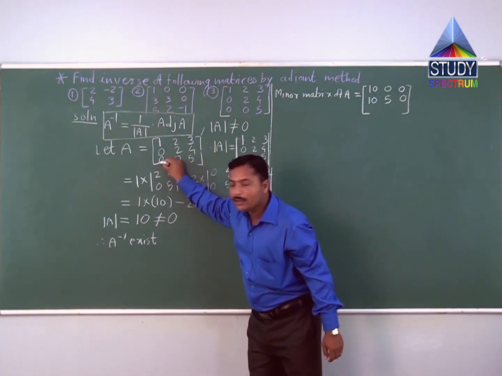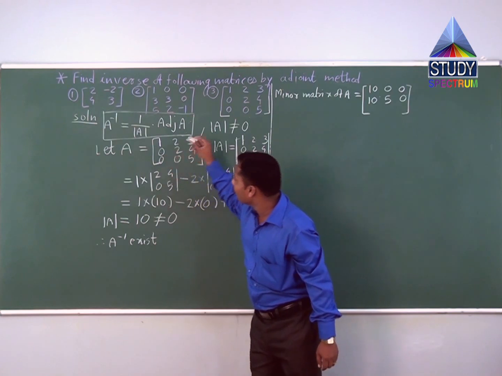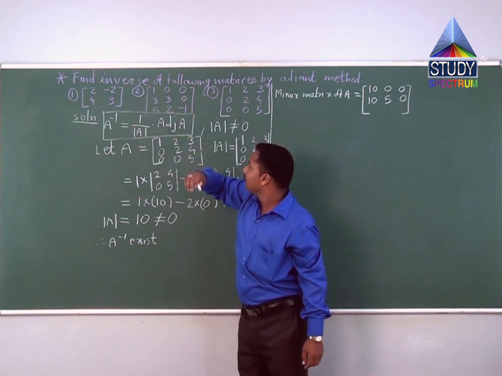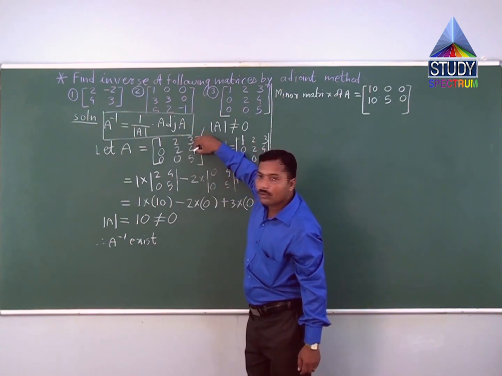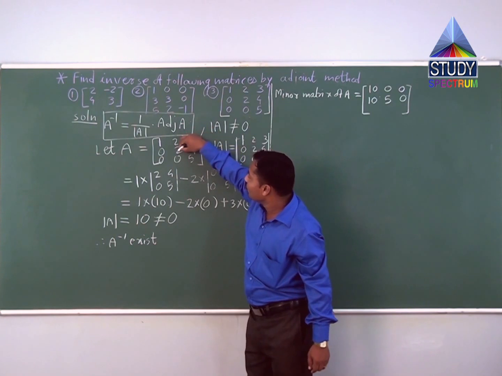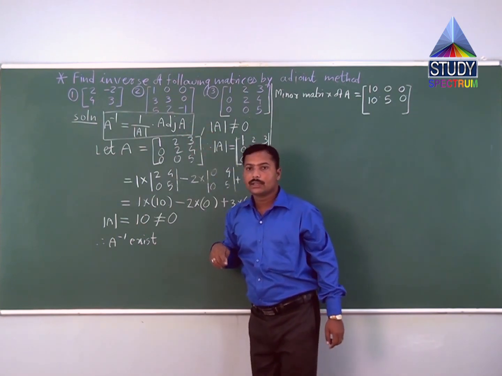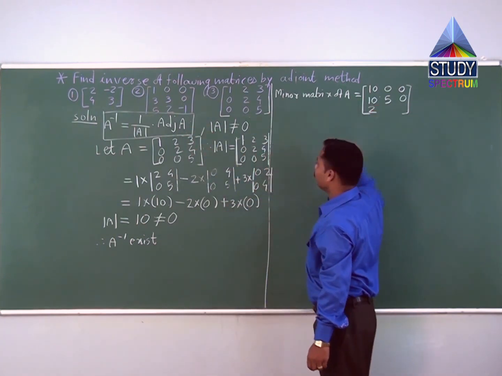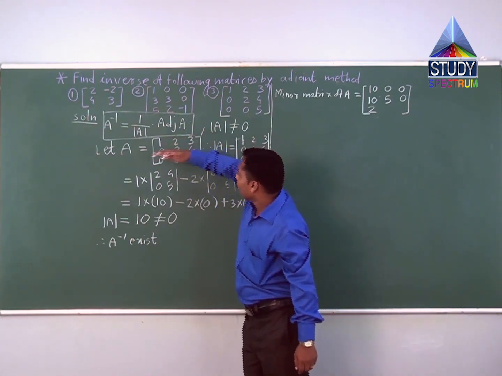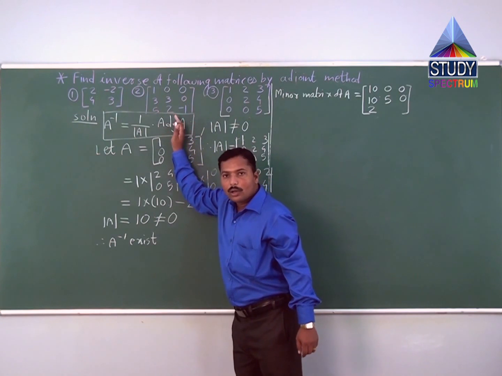So we find the minor of the next number 0. Row and column delete. So 2 into 4, 8, minus 3 into 2, 6. 8 minus 6, 2. We find the minor of the next number 0. Row and column delete.